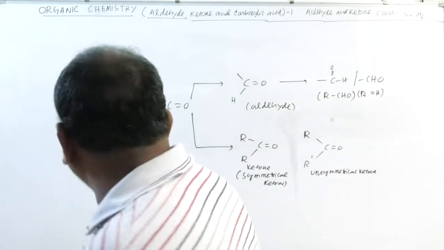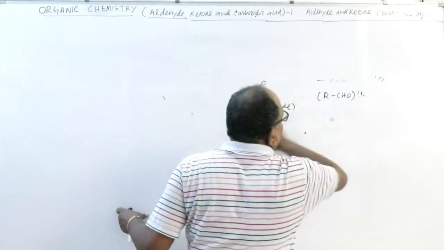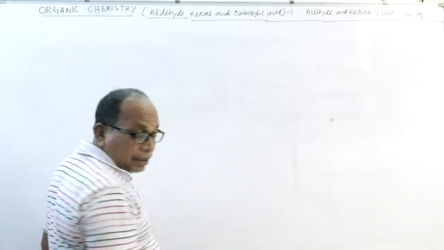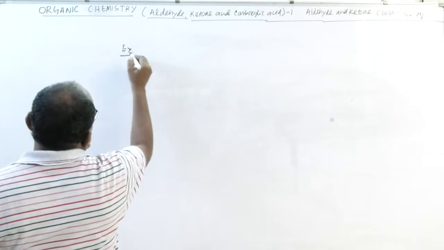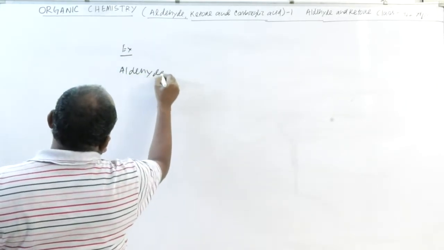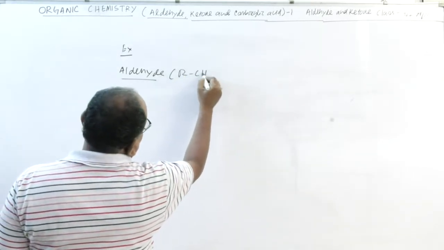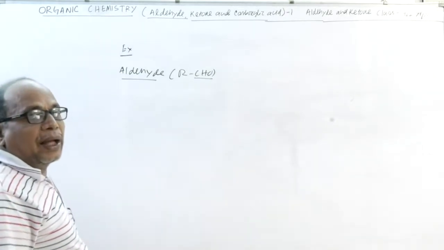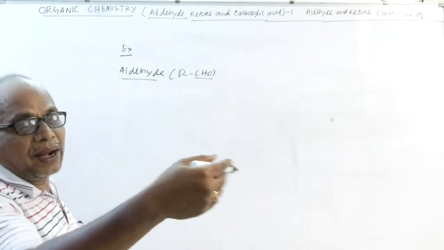I will give some examples. Examples of aldehydes: what is the functional group? RCHO. The aldehyde group is always present at the terminal part of the carbon chain, at one end.